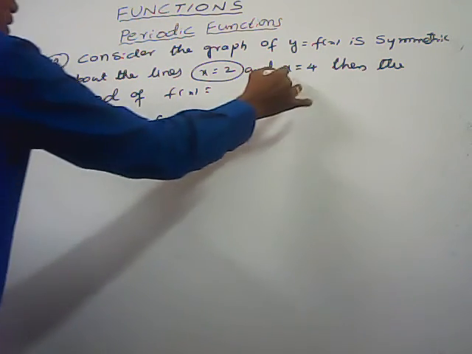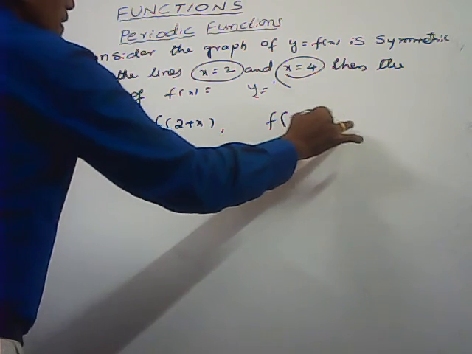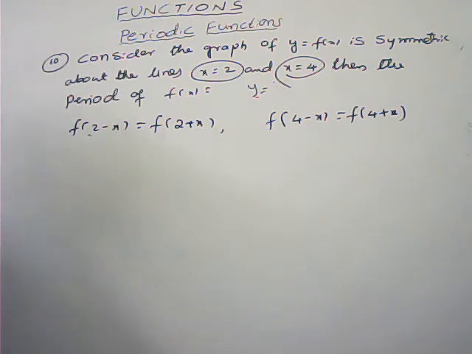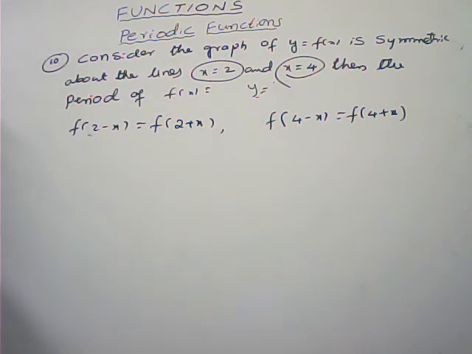And it is symmetric about x equals 4, so f of 4 minus x equals f of 4 plus x. Recall f of a minus x equals f of a plus x is symmetric about the line x equals a, so instead of a you can write 2.